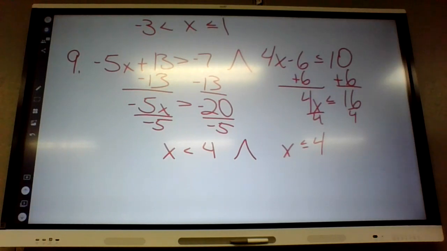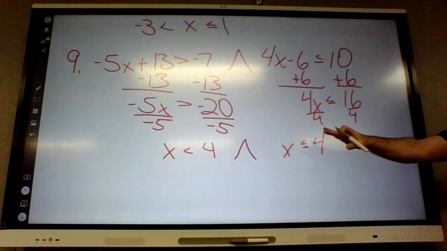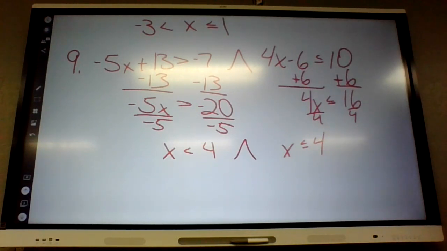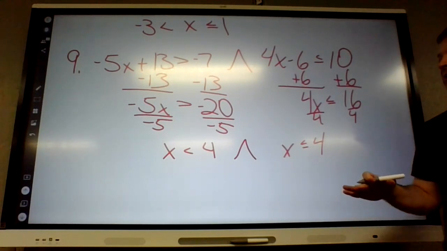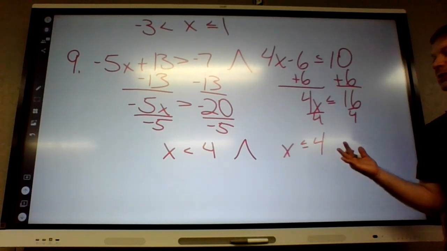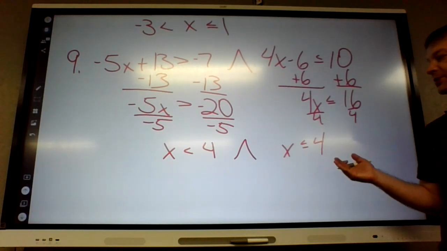Now again, if this wasn't an even, I'd let you stop here. But on the odds, let's clean it up a little bit. What numbers are less than 4 and less than or equal to 4? Let's start with the obvious one. Is 3 less than 4 and less than or equal to 4?